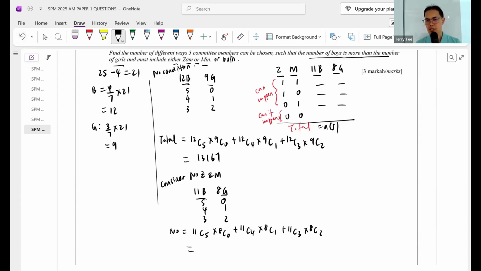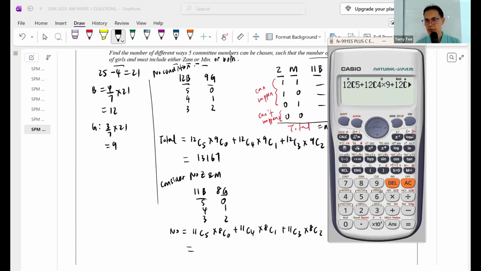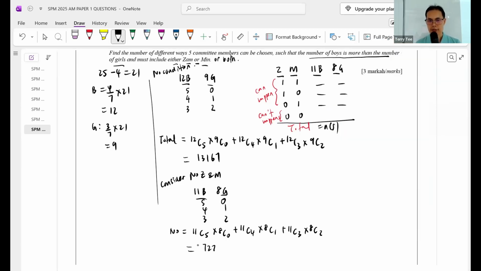Okay, let's count. Now it's kind of similar to just now. I just change this to 11. This one I change to 11. This one is not 9. It becomes 8 because 8C1 is 8. Change this to 11. Alright, next one, this 8C2. What do you get? 7722. Correct?